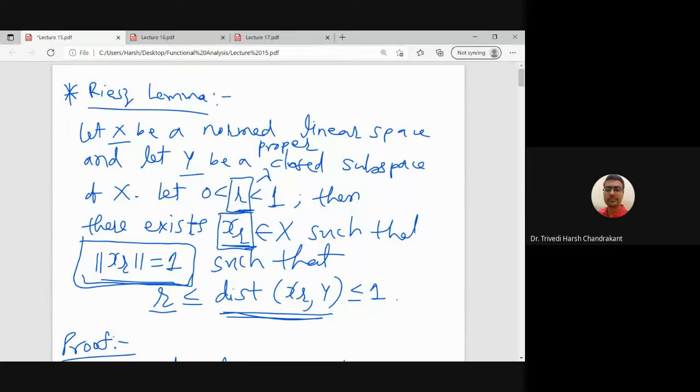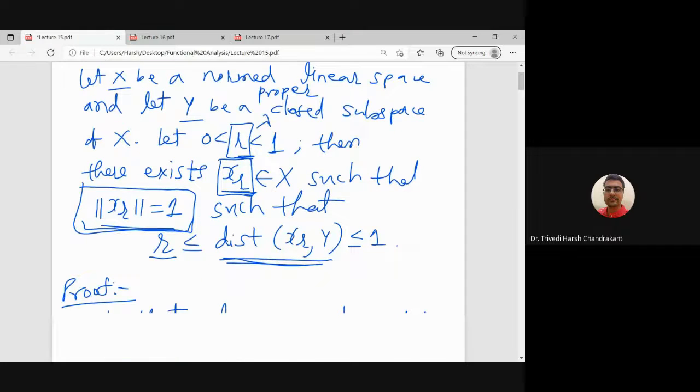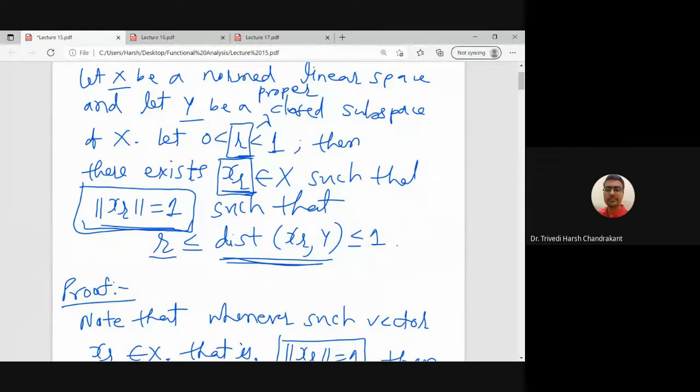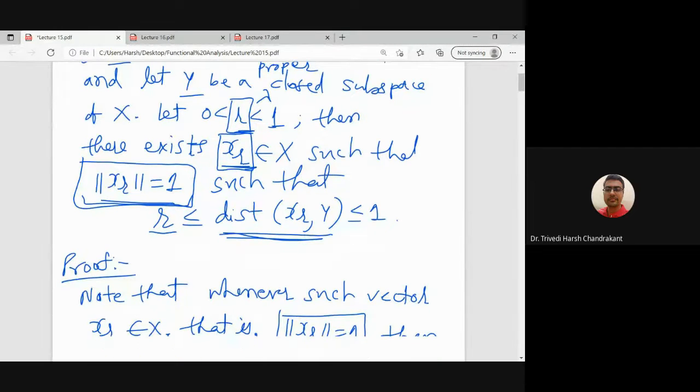X is a normed linear space and Y is a proper closed subspace of X. If we have any number r between 0 and 1, then there exists a corresponding unit vector xr such that the distance of xr from the subspace is between r and 1.